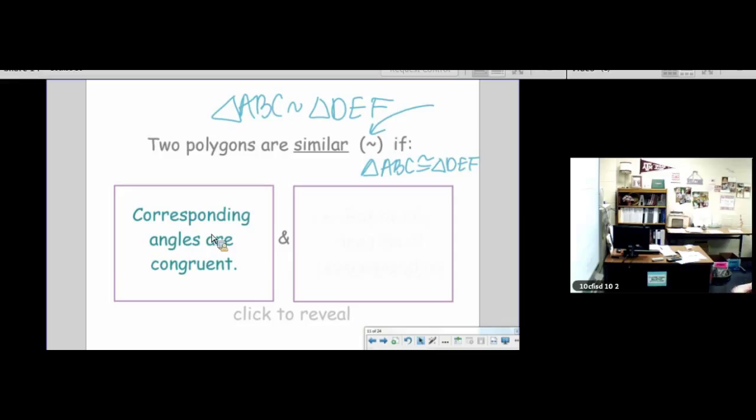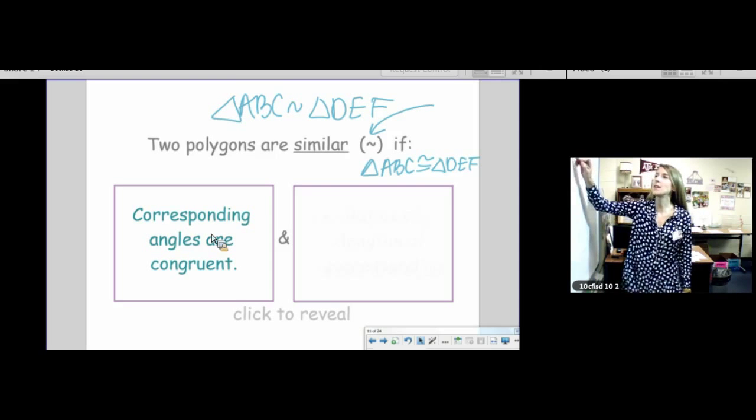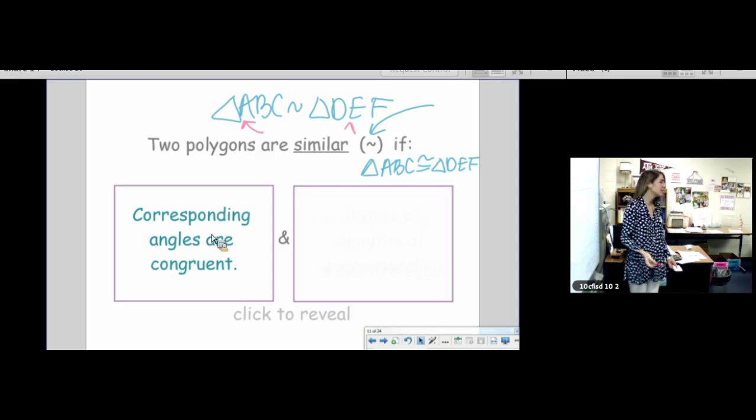It just means angle A is not going to be congruent to angle E, right? Because A is listed first and E is listed second. So the ones that go together are going to be congruent. A is going to be congruent to D. C is going to be congruent to F. B is going to be congruent to E. All right, so that was number one. Number one, that's how you know if two figures are similar.